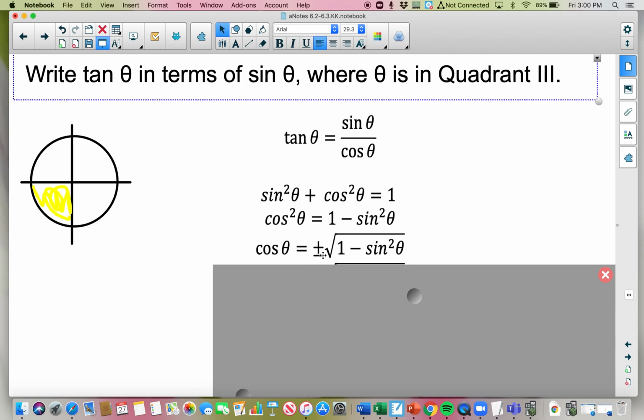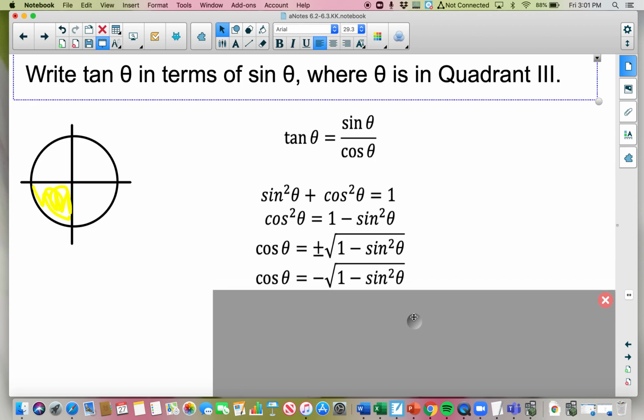Now here's the catch. My angle, theta, has to be in quadrant 3. In quadrant 3, both cosine and sine are negative. So I'm solving for cosine here. That's where I have to stop and think about which of these is correct. Well, in the third quadrant, cosine is negative. So it's not plus or minus, it's just the minus.